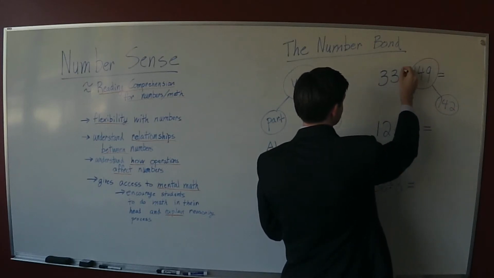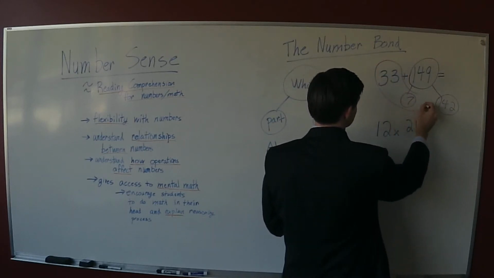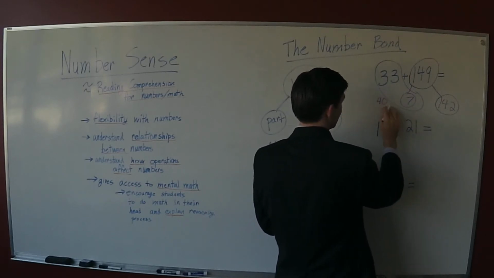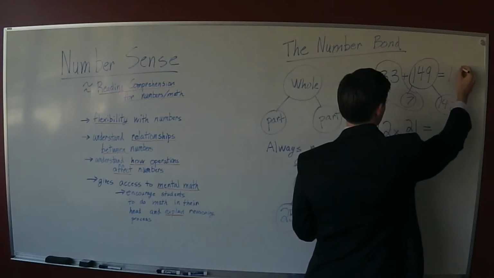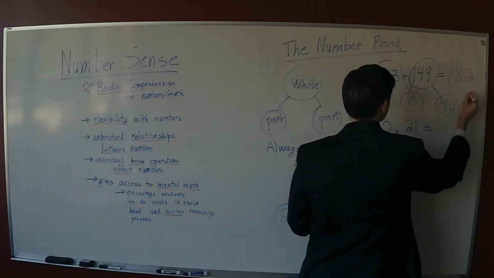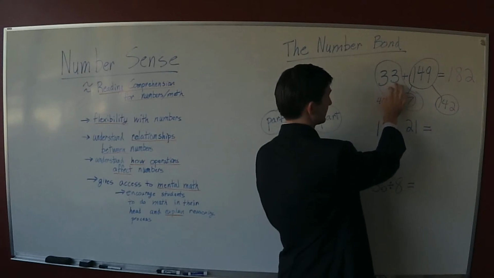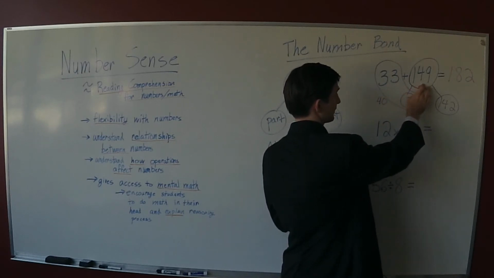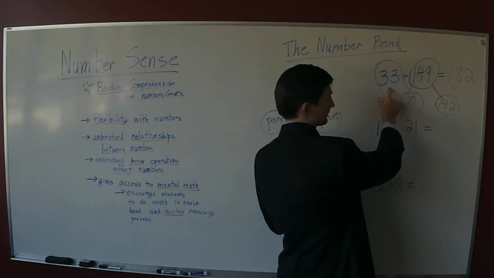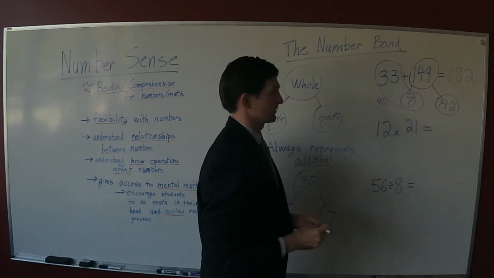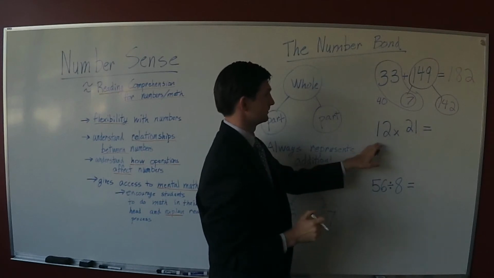And then I realize, well, the reason I did that is because 33 and 7 I know is 40. And so I can very easily say, oh, 40 plus 142 is 182. And so for many students, adding 33 plus 149 may be more difficult, but they can add 7 and 33 in their heads, and then they can add 40 to 142, and get 182.